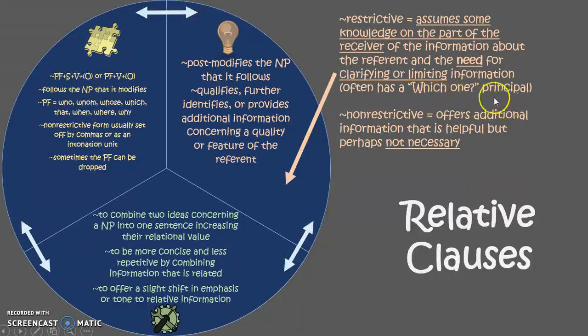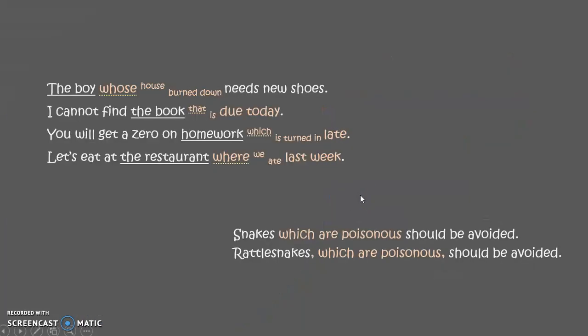So you've got the which-one principle happening a lot with the restrictive clauses. And then with the non-restrictive, you're offering additional information that's helpful to modifying the noun phrase, but it may not be necessary. So let's look at some examples of those.